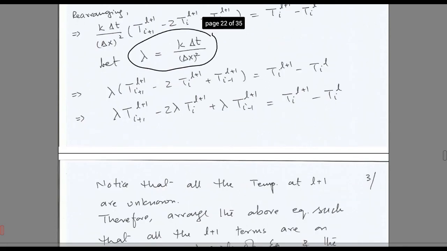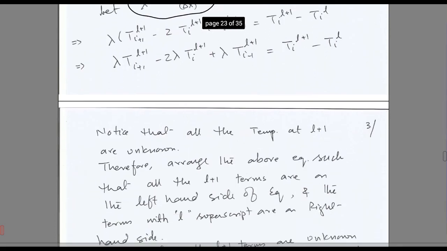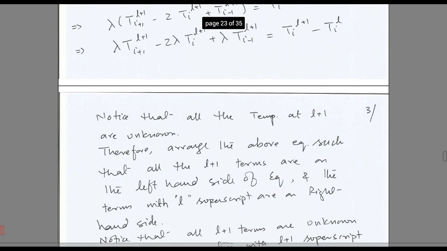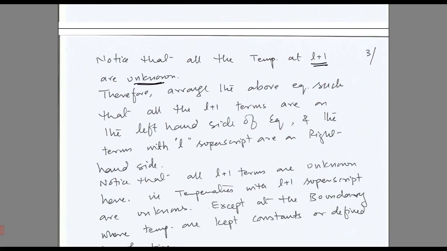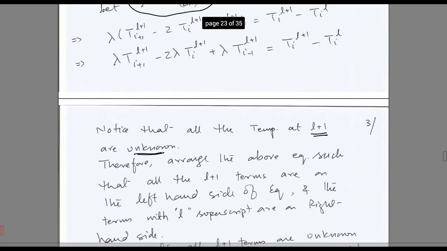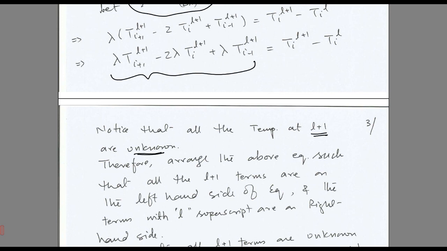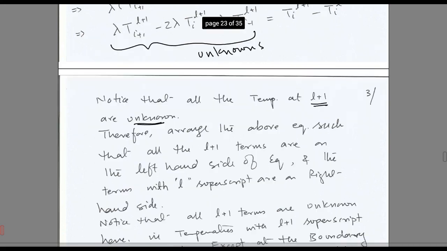Next, rearrangement. Notice that all the temperatures at L plus 1 are unknown. Now this comes as a little problem. All the temperatures at L plus 1 are unknown, so we rearrange them: we will keep all the unknowns on the left side, and whatever is known we'll take to the right side of the equation.